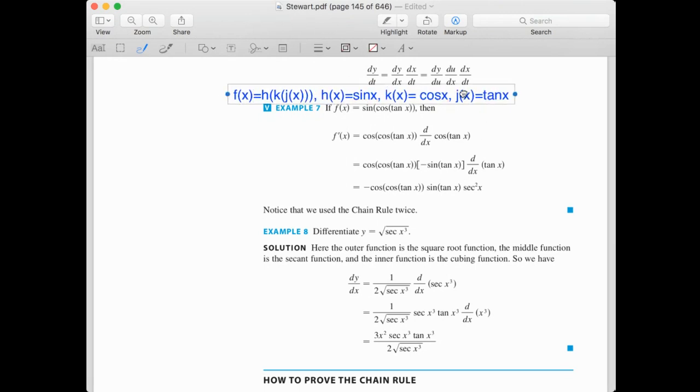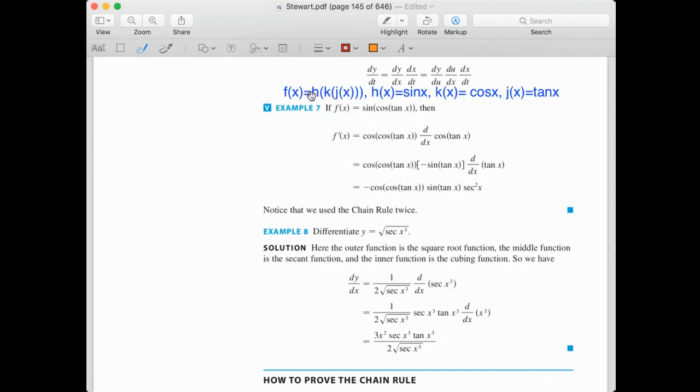You see, we have 3 layers. So the very inner one is taking the input x, put tangent in it. So we have tangent x. The middle one is put a cosine with the input. The very outside one is put a sine over the input.